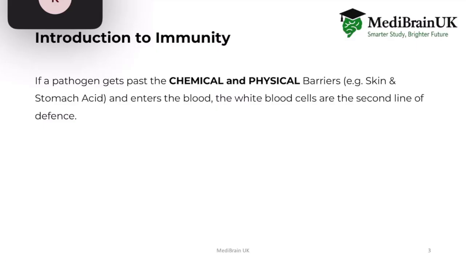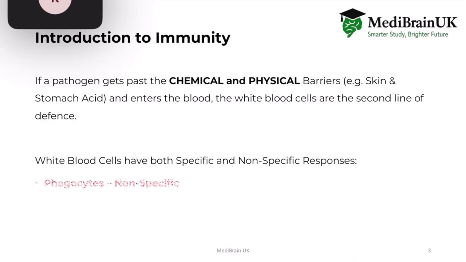They can either trigger a specific response or a non-specific response. And today, what we're going to look at is the non-specific response, which is your phagocytes. Your lymphocytes, your B cells, and your T cells, those are your specific responses. Lymphocytes are just an example of a white blood cell.